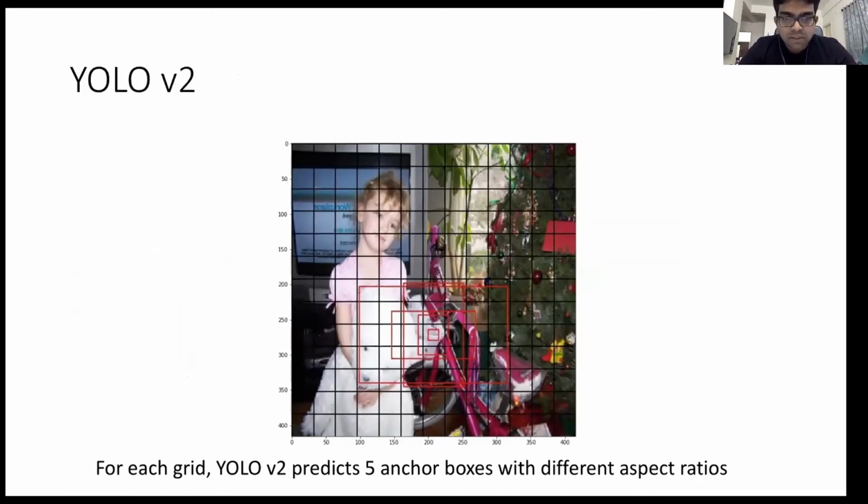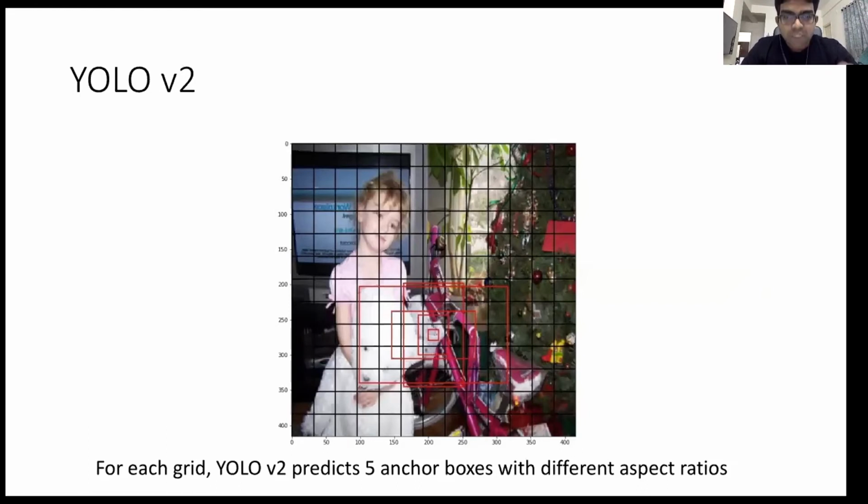And for this, I guess it's the 9th row and 7th column grid cell, where we are predicting 5 anchor boxes with different aspect ratios.